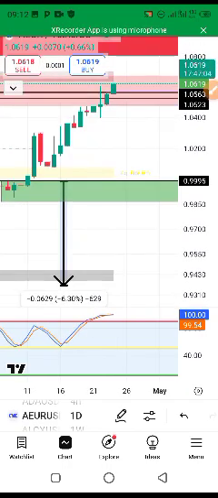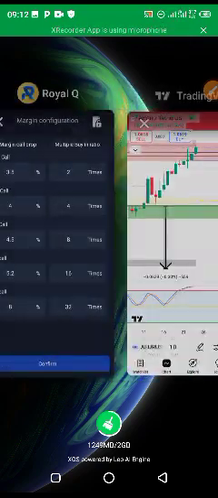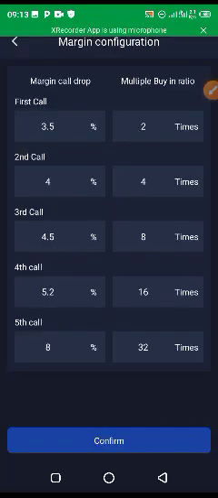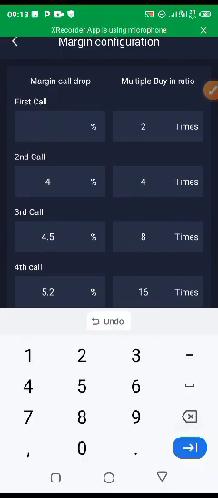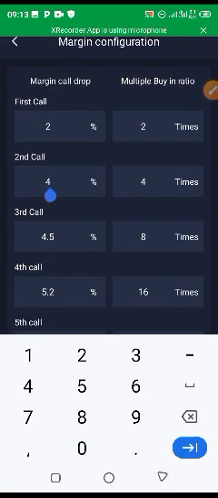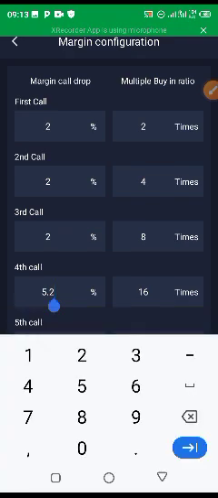Now we come back to our ROHU. 6%, we can use a drop of 2%. This is 2.